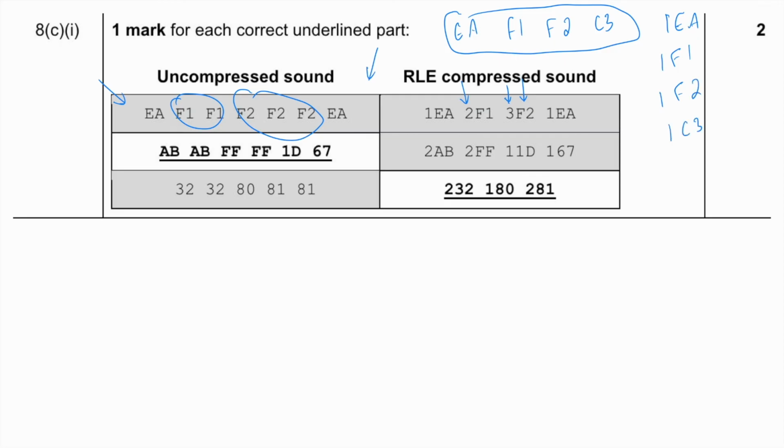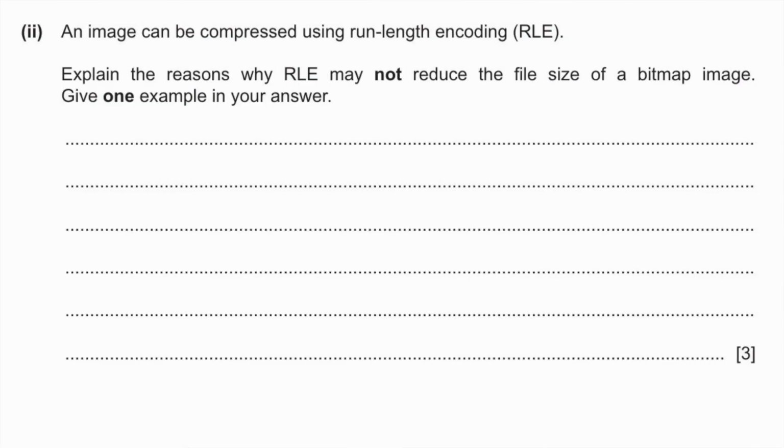So instead of taking up the amount of space required for 4 hexadecimal values, which is I guess 32 bits, we would end up taking not only 32 bits, but also the additional space required for the numbers saying how often they occur. So if all of our pixels, for example, in a row in an image are different from each other, then RLE is not going to reduce the file size, but actually probably increase it.